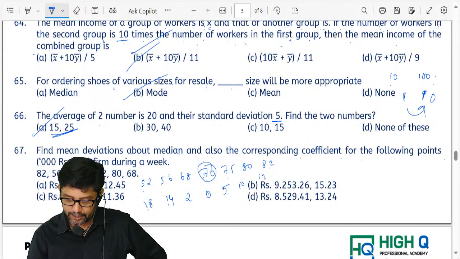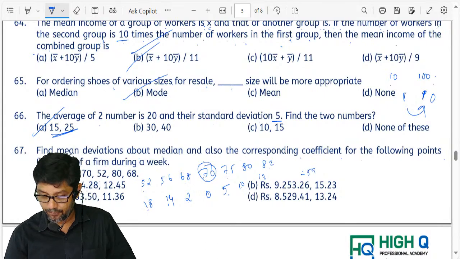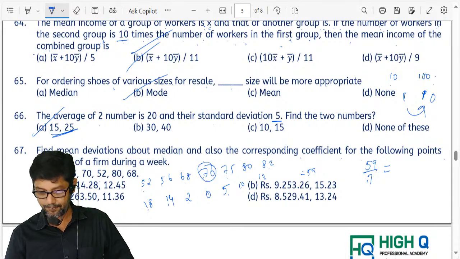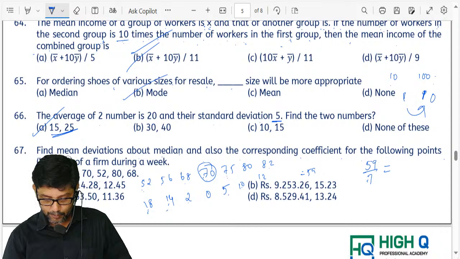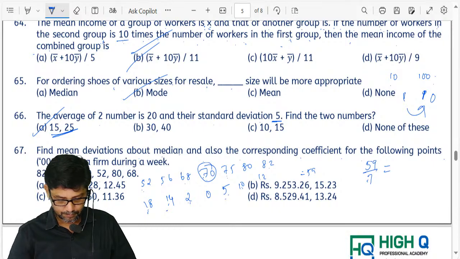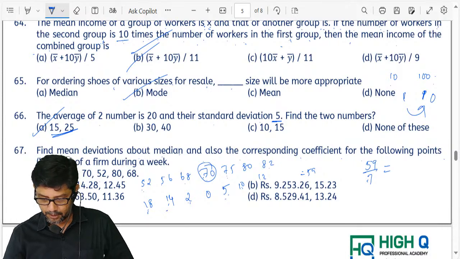Now add everything. 18 plus 14 is 32, 34, 37, 47, 49, 59. So 59 divided by 7. What is it, my dear? 8 point? You sure? 59 by 7? 8.428. The option is missing. Let us find out.